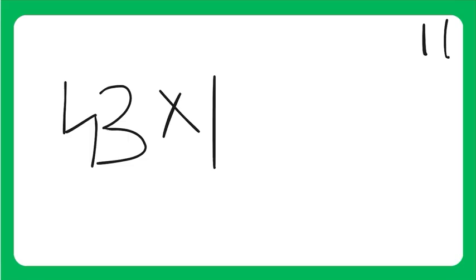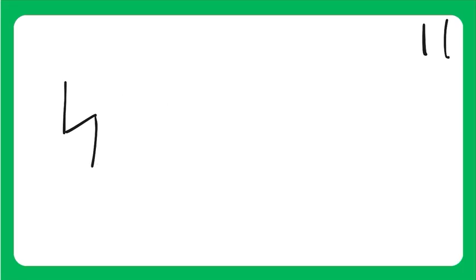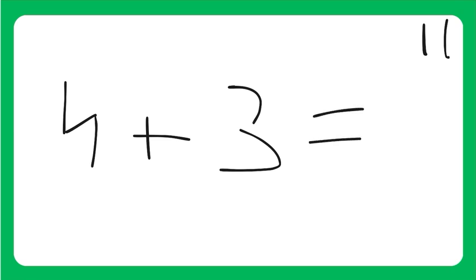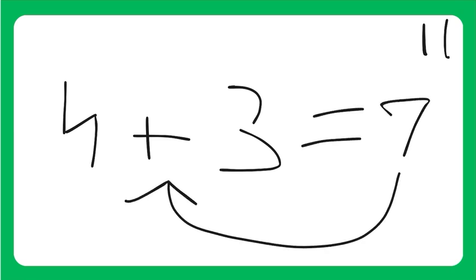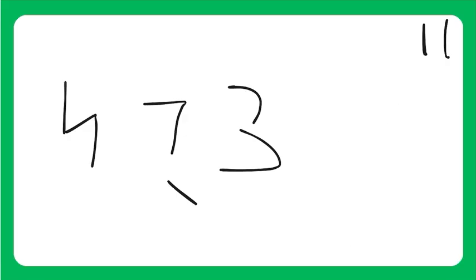I thought of 43, and if I told you to multiply this by 11, it will probably take you a little bit of time, but not if you use this trick. We have 43, put a little gap between, add them, that gives you 7, put that and replace the plus sign. 473, that's the answer. Yup, that's literally all you have to do.